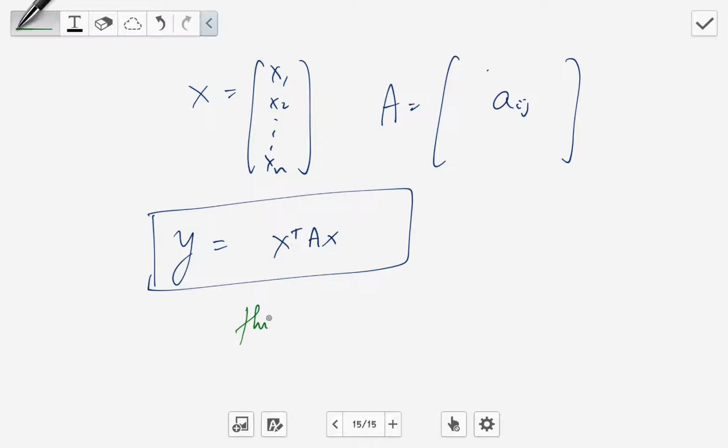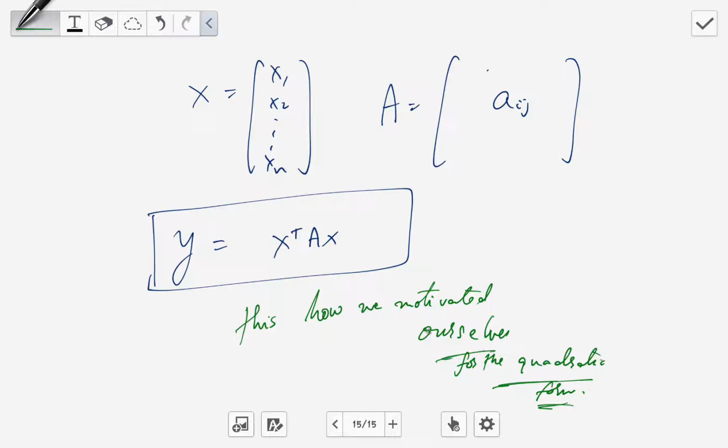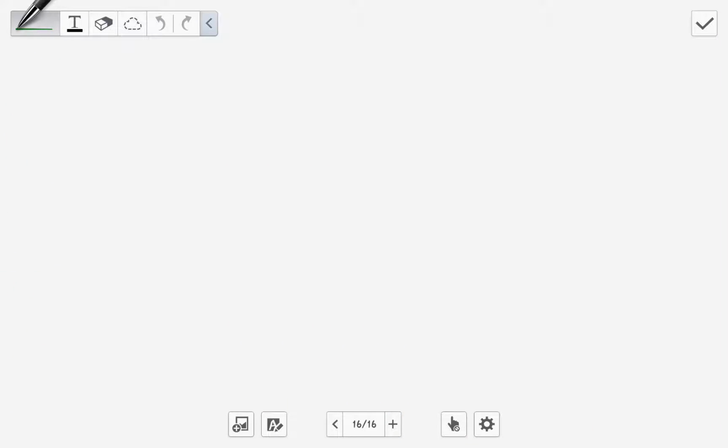So this is how we motivated the quadratic form ourselves. Now let us see something else. Let us see this for the R2 case.